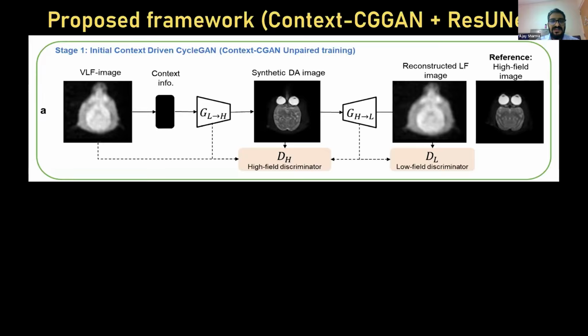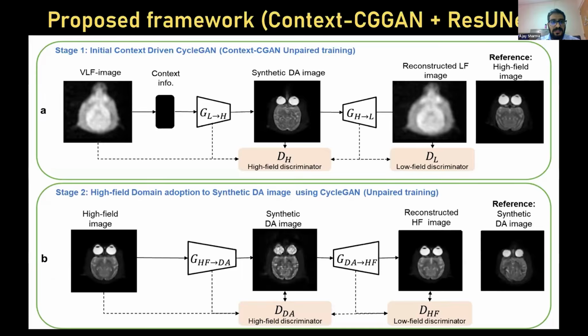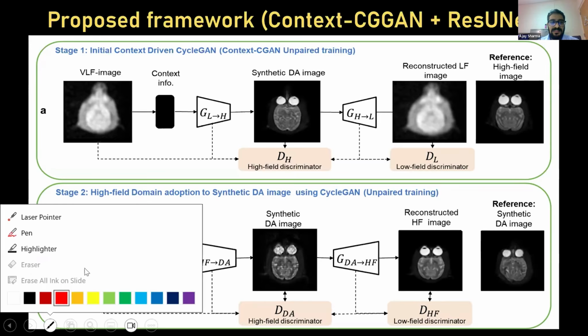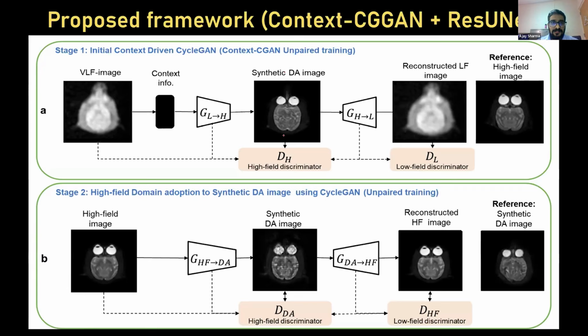We identified there is a gap between the synthetic high field and the reference high field. So we retrained the CycleGAN network from high field to low field, to generate a synthetic low field image, to uncover the gap between high field and low field.